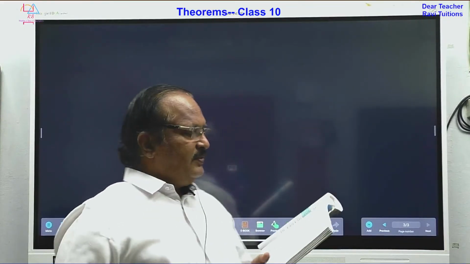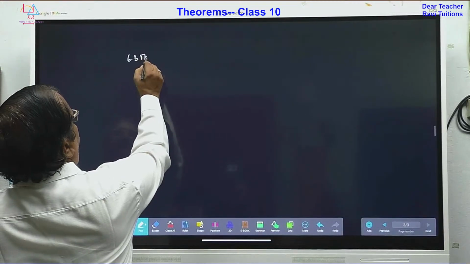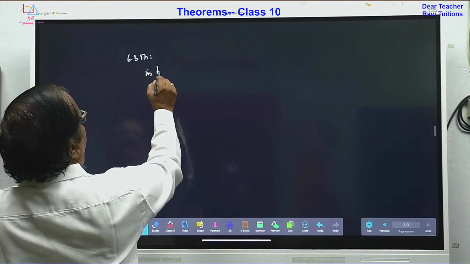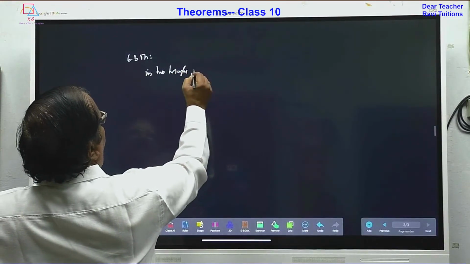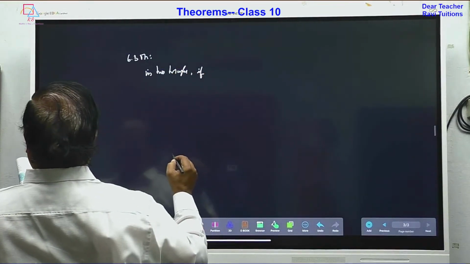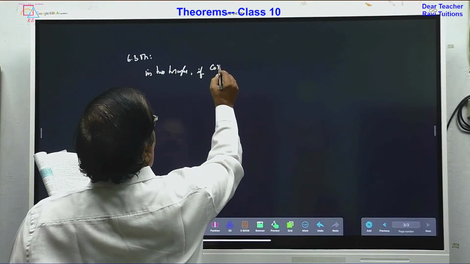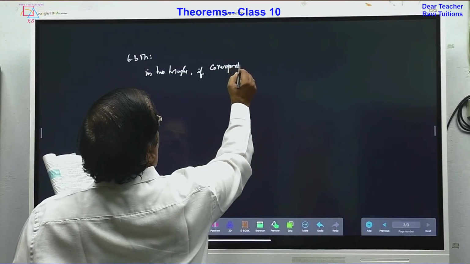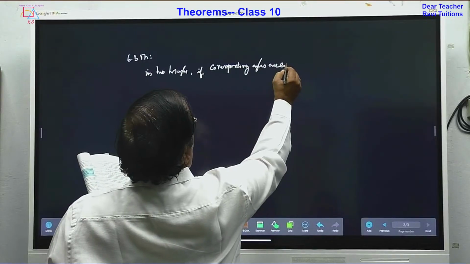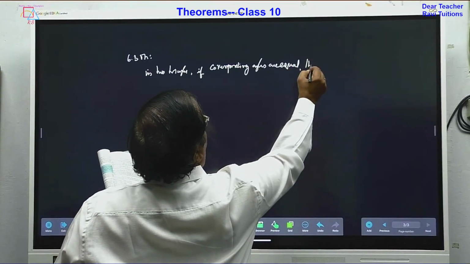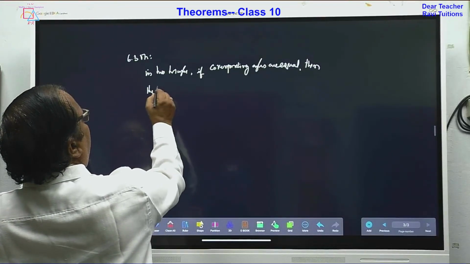Let me write it here. 6.3 theorem: in two triangles, if corresponding angles are equal, then the corresponding sides are proportional.